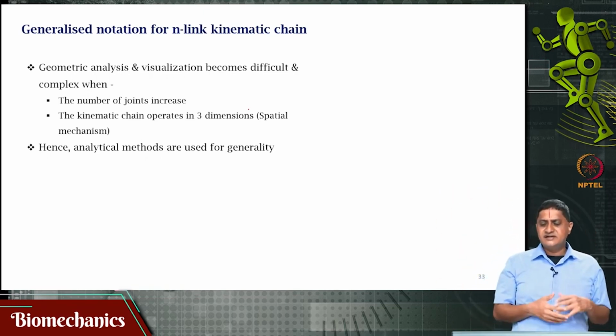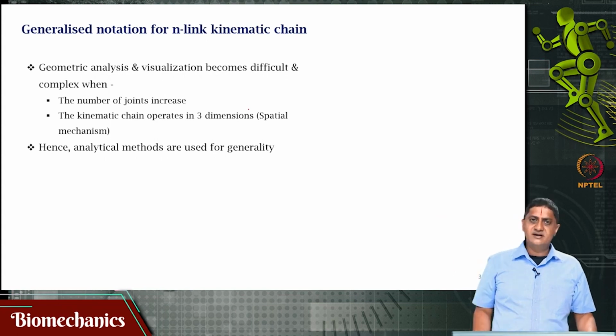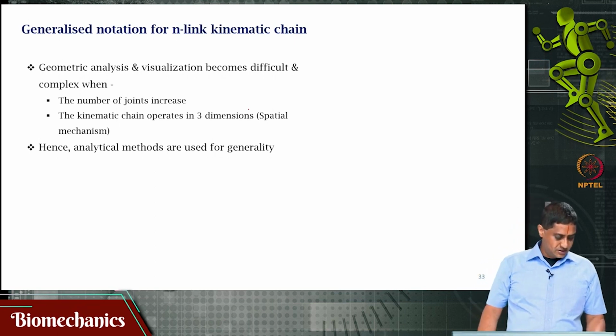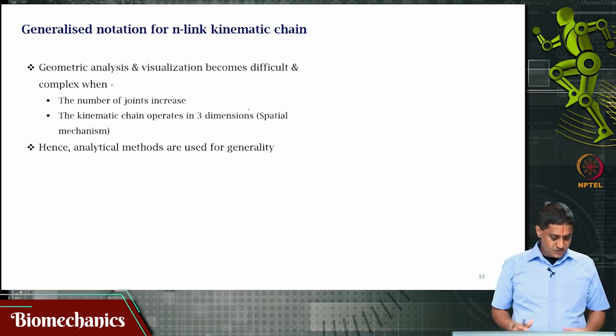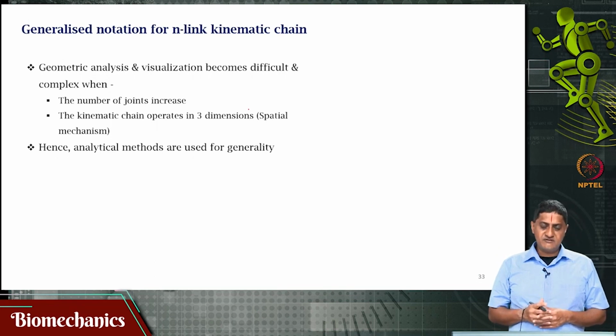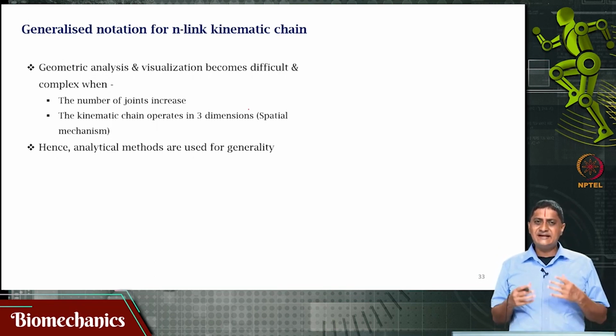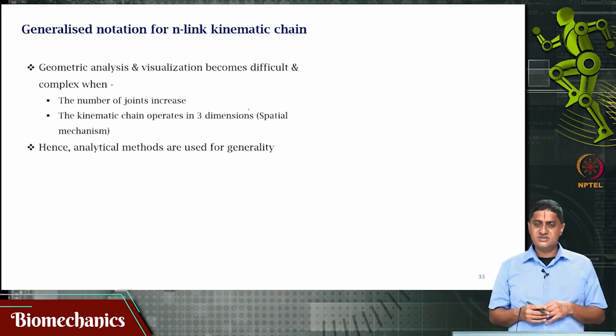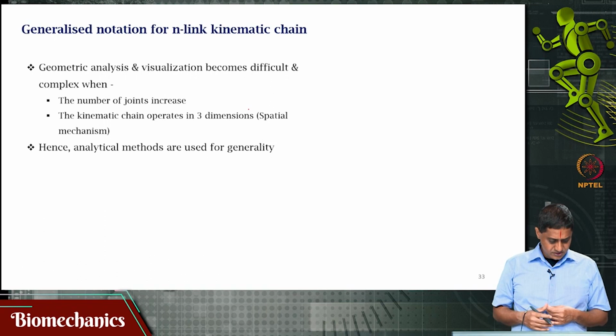Technically you can still use trigonometry and first principles to solve for this, but it will be a little too tedious. So, we are in a situation where we need to use some generalized analytical method to solve for both forward kinematics and inverse kinematics.